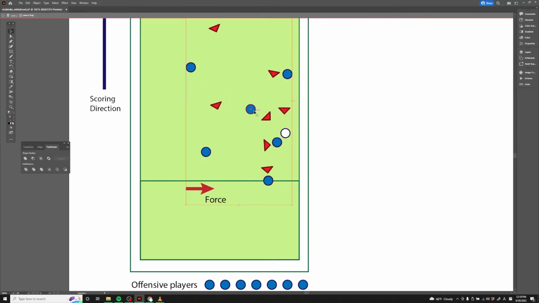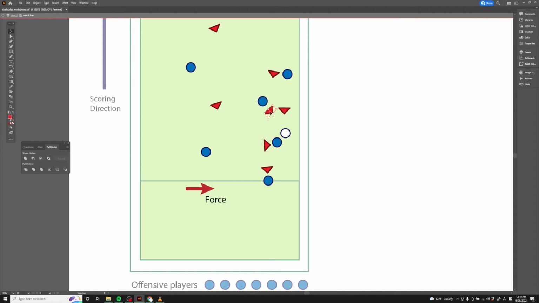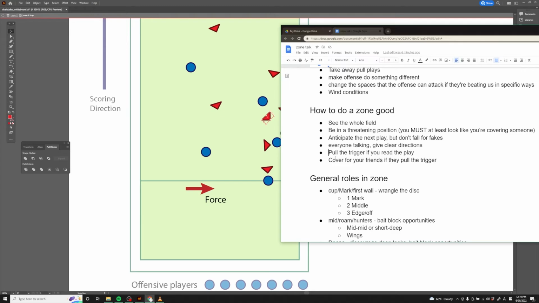So this cutter could be over the left shoulder or the right shoulder of a defender, and whoever is in a position to give that information to the defenders that are closer to the disc, they are in charge of letting this person know whether they need to cover more left or cover more to the right. 5. Pull the trigger if you read a play.